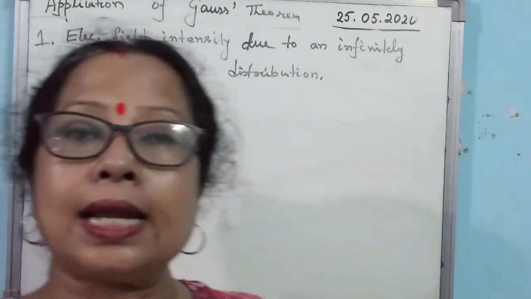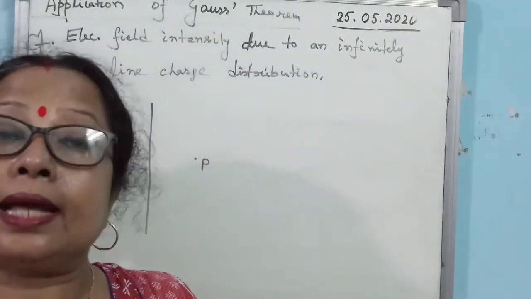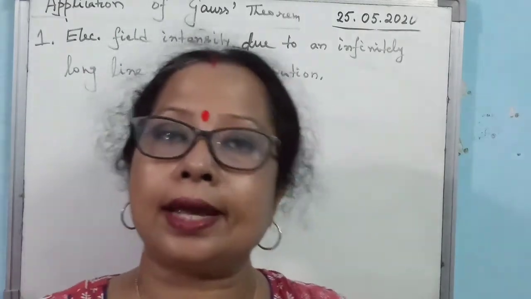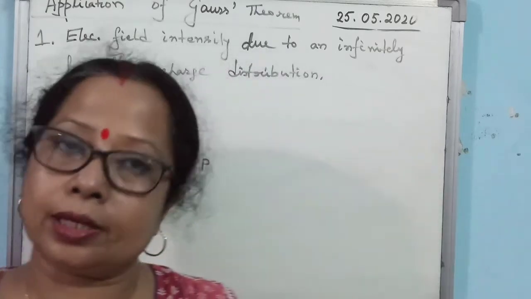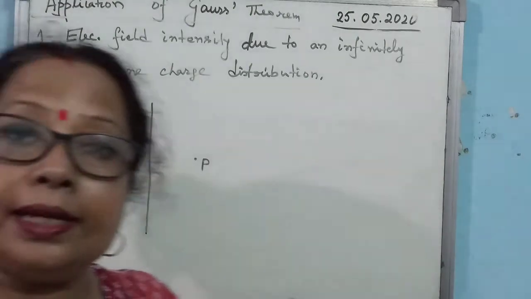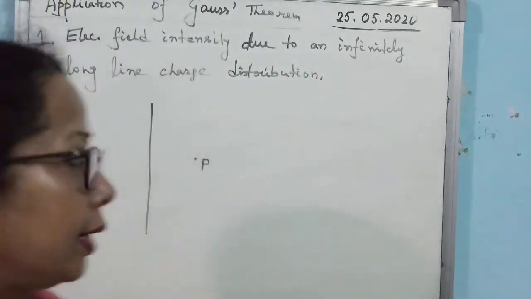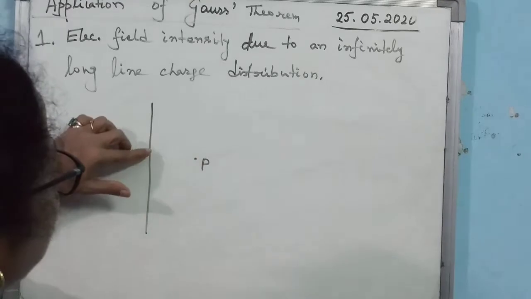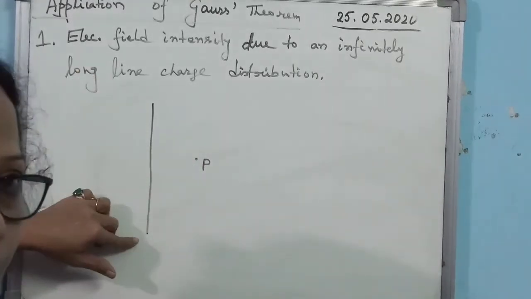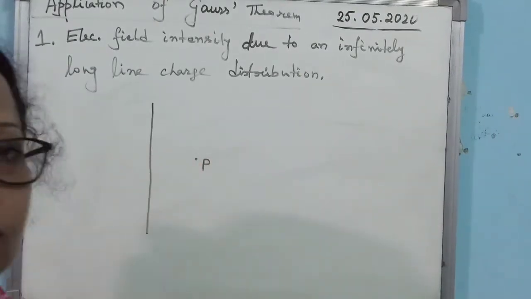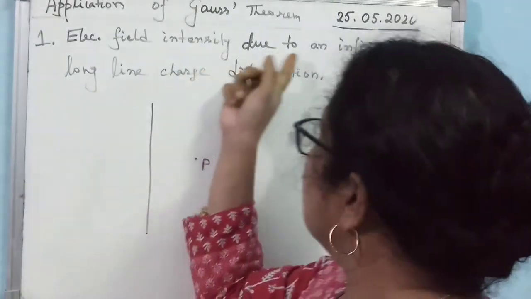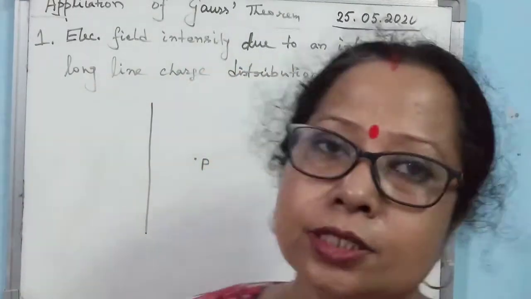Because when you take a line charge of definite length, the direction of the electric field intensity will not be along the line perpendicular to the distribution. But if it is infinitely long, then the direction is specified. If you draw a perpendicular passing through the point of observation, perpendicular to the distribution of charge, that gives you the direction of the electric field intensity. That is the reason we have taken an infinitely long line charge distribution.